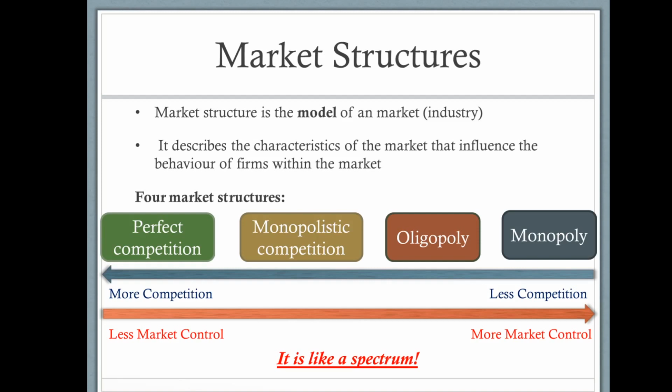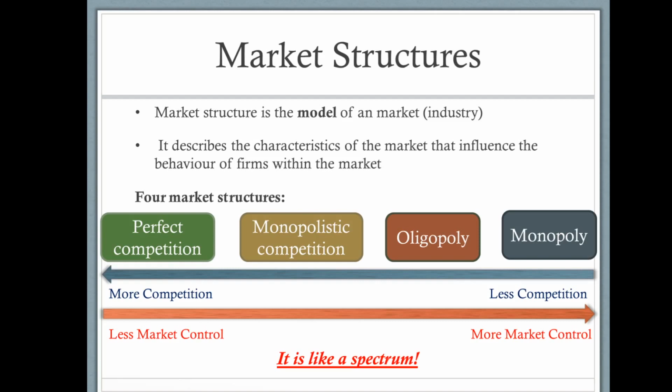You have two extreme cases: perfect competition on the left and monopoly on the right. When you look at the arrows beneath the four categories, on the left hand side, inside perfect competition, you are going to find a lot of competition inside that market.